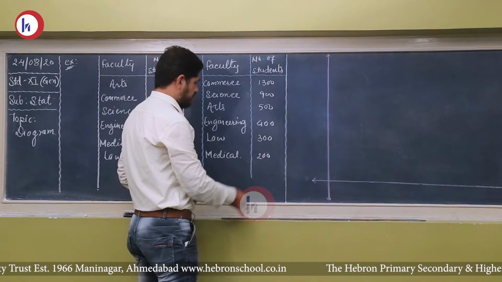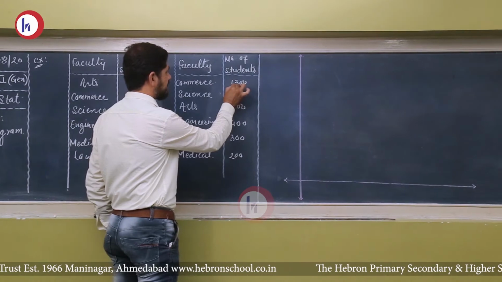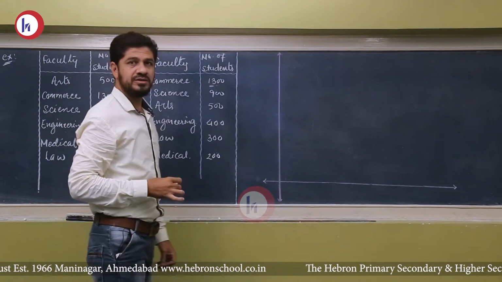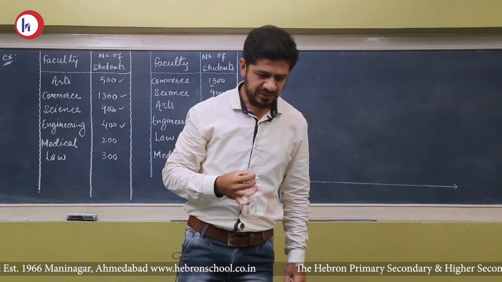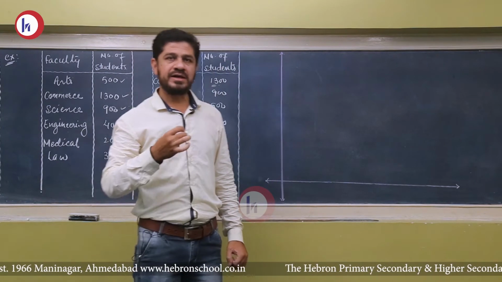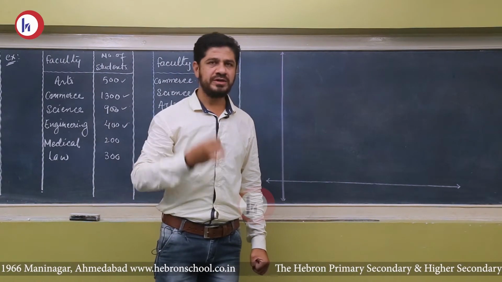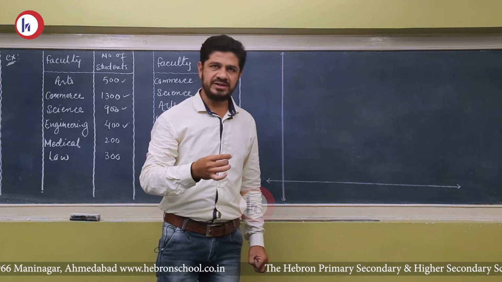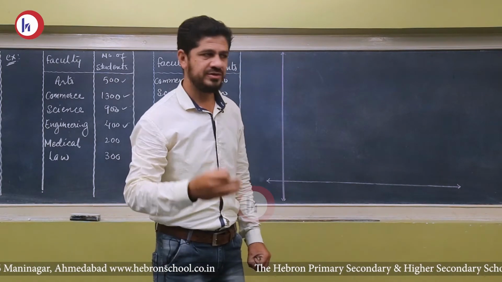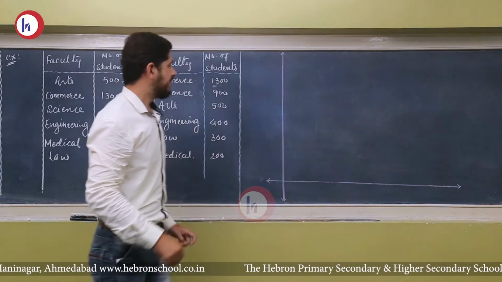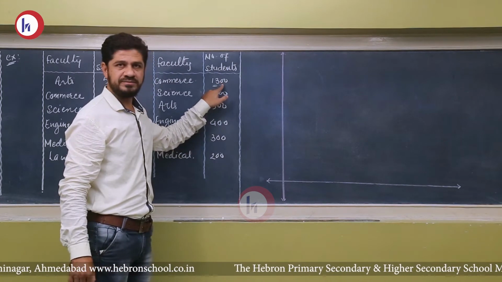Okay, so you can see the highest number of students is in commerce. We know that in our graph we have 15 to 20 blocks, so we can say there are 15 or 20 centimeters in a graph. The highest number is 1300.